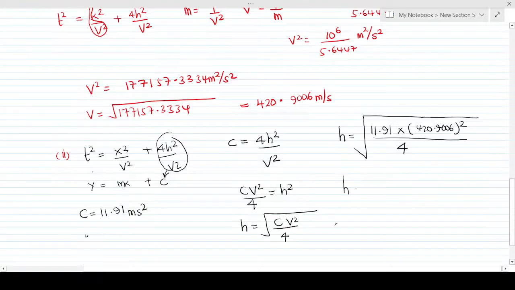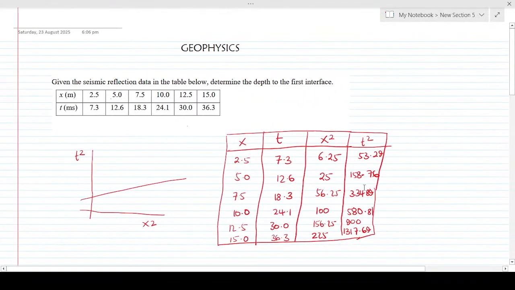That will give us the height to be equal to 726.2 meters. In kilometers, that is 0.73 kilometers. And that's the thickness of the wave. So this is just to introduce you to some basic questions under this.